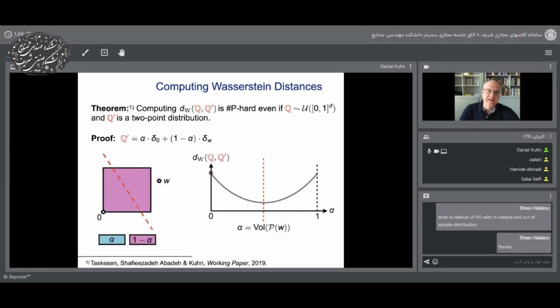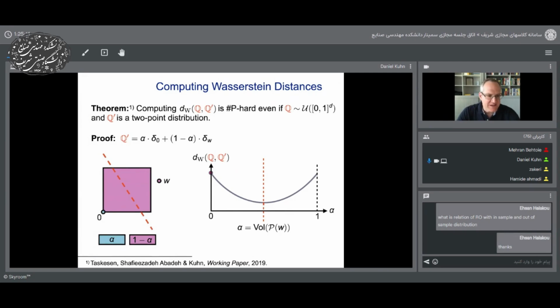Now, let's start with the proof. Let's assume that Q is the uniform distribution on the hypercube, and Q prime is a discrete distribution which places probability alpha to the point 0 and probability 1 minus alpha to the point W. Let's try to calculate the Wasserstein distance between these two distributions as the probability alpha of the point 0 changes.